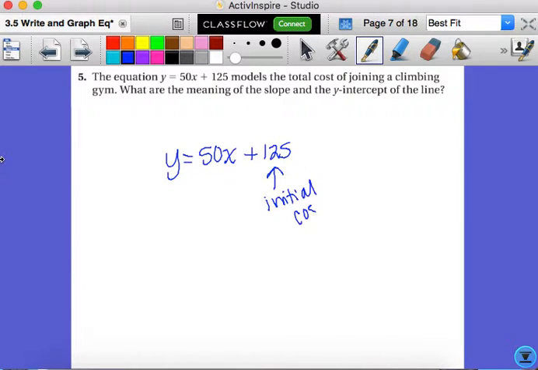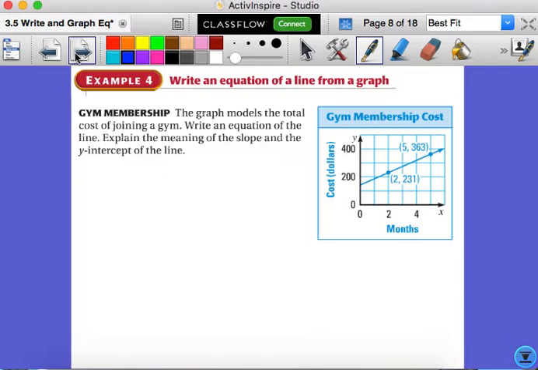Maybe you had to buy gear, maybe you had to pay to join the gym, whatever that is, that's your initial cost. And this times x here, that's what we're multiplying by our variable. So more than likely, this is your cost per month or week or whatever that is. But that's your cost over time. How much are you paying continually to be a part of that particular gym?